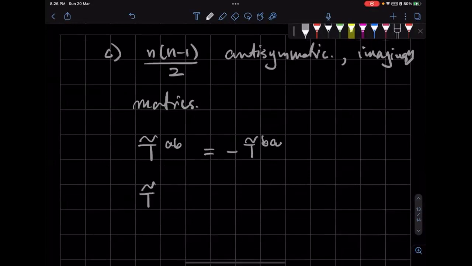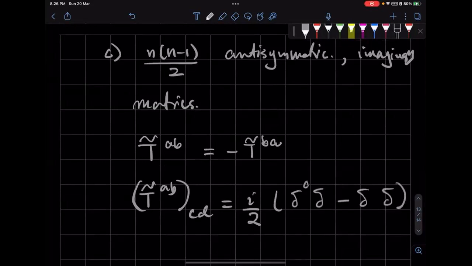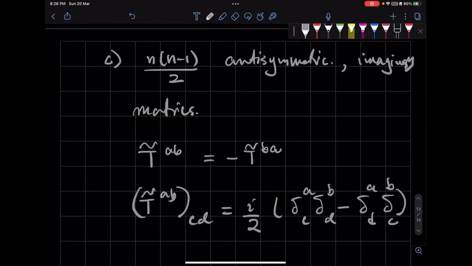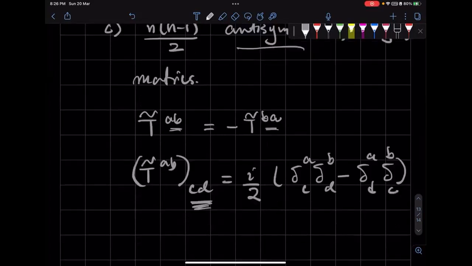So then these matrices, we just multiply by I, and then instead of plus sign, we have minus sign. Okay, and because it's antisymmetric, the antisymmetry is in CD, right? As well as these guys. Because it's antisymmetric, anything that is antisymmetric is automatically traceless.